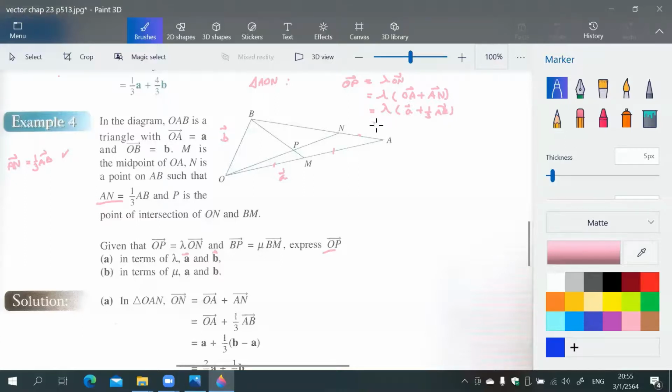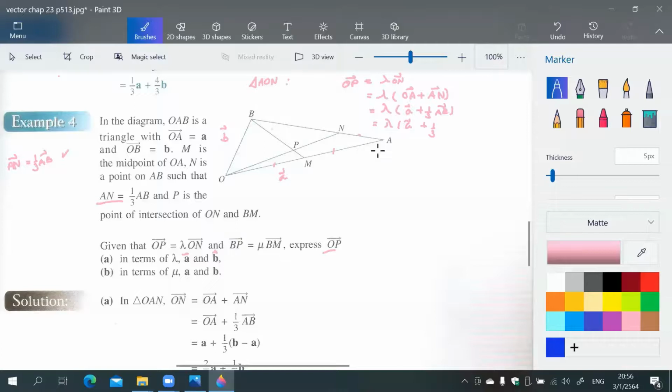Vector AB. Now lambda of vector A plus 1/3 vector AB. So we see the length or the side of AB here.